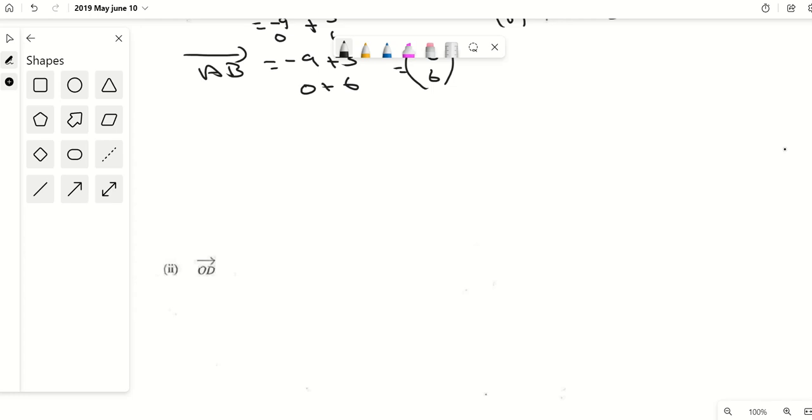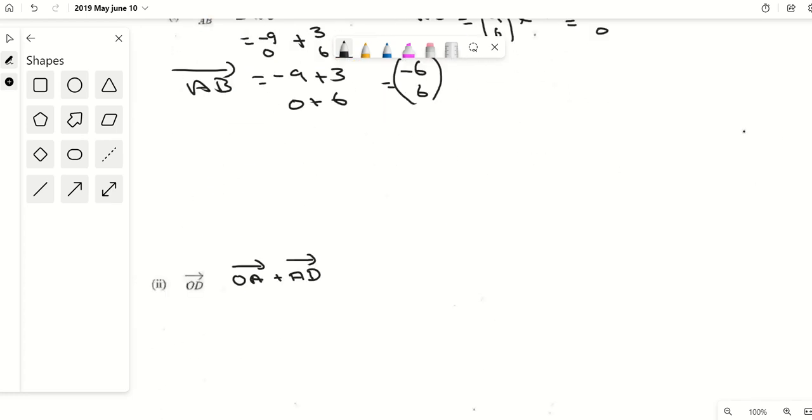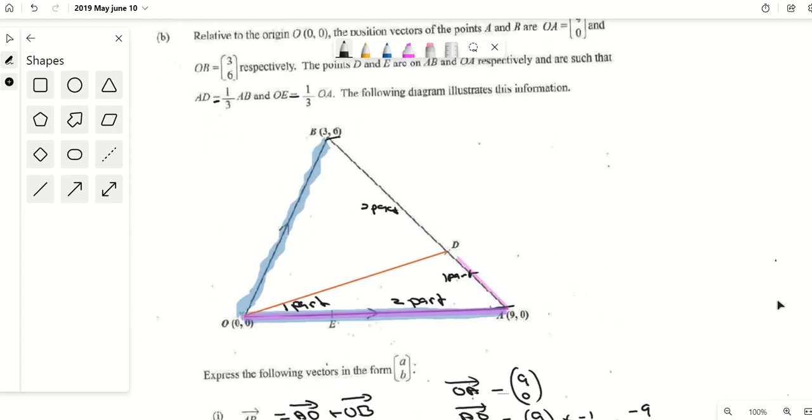Now, OA we already have, because they gave us in the question (9, 0). However, AD is equal to a third of AB. They told us that in the question.